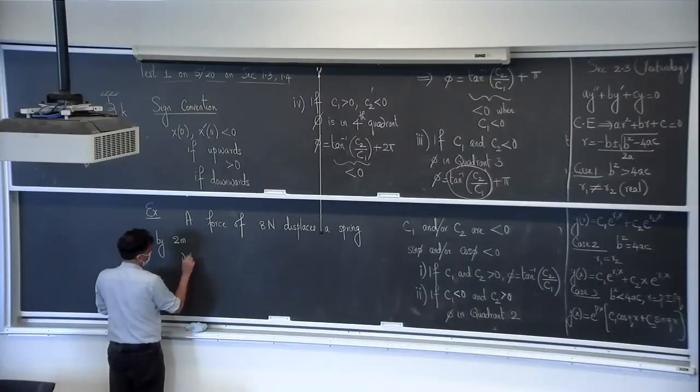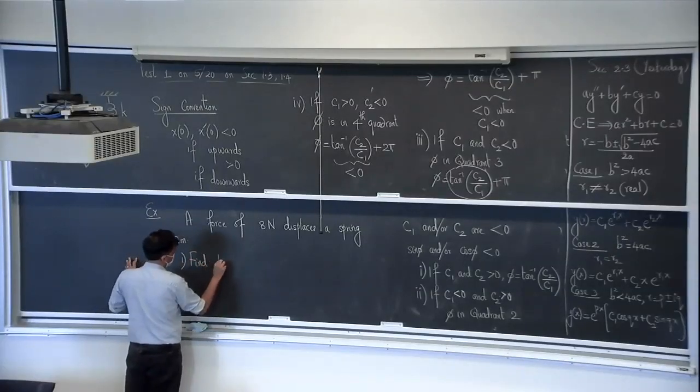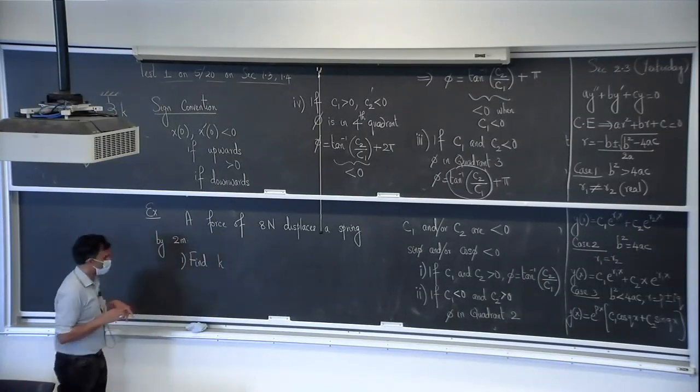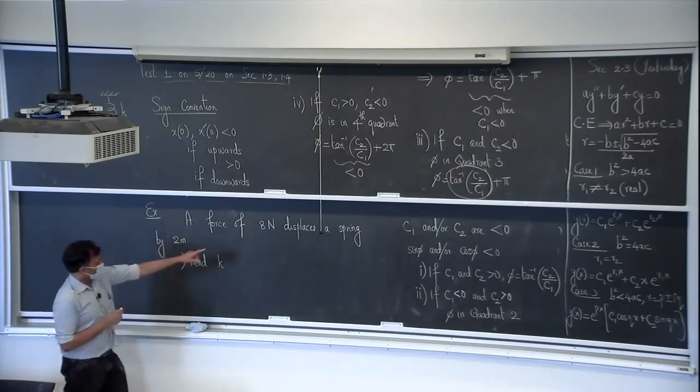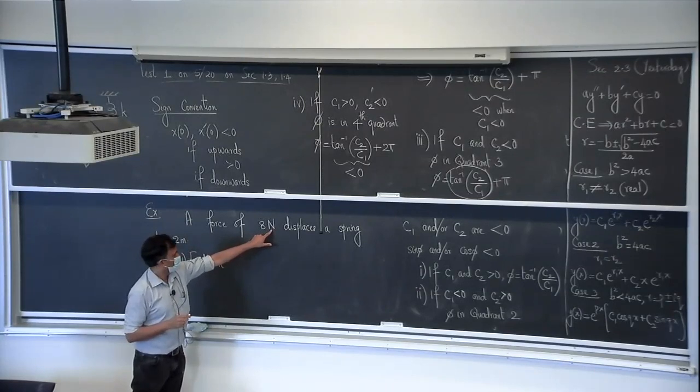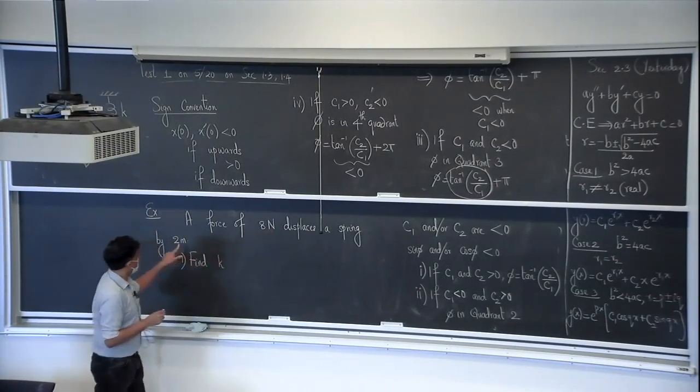Question 1, find the value of K. So K is a spring constant. This N stands for newtons, okay? Not north newtons. And this is meters.